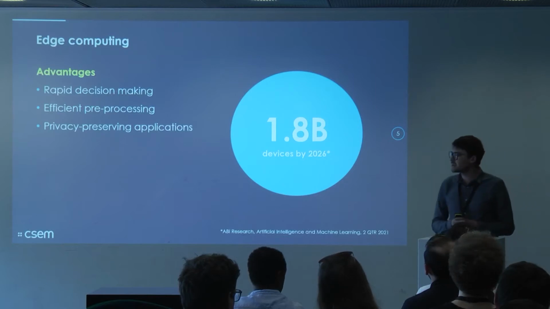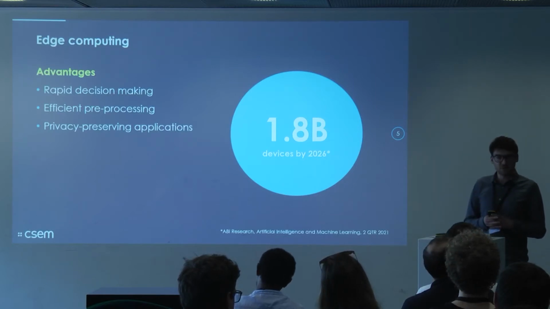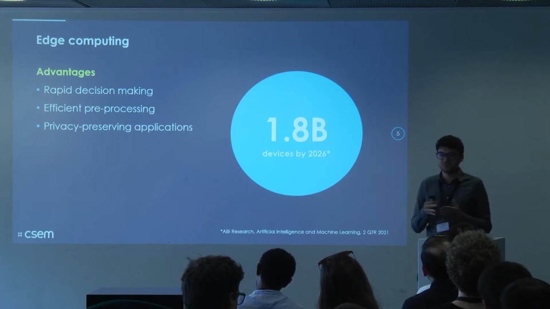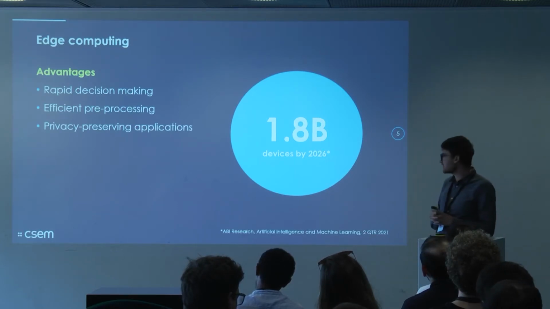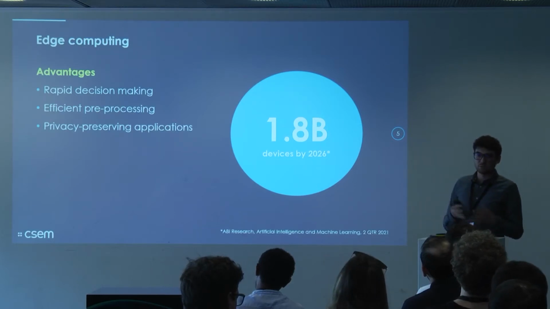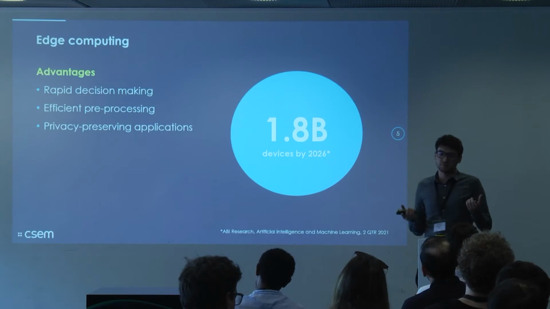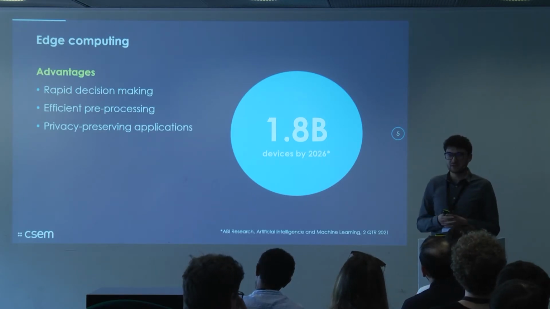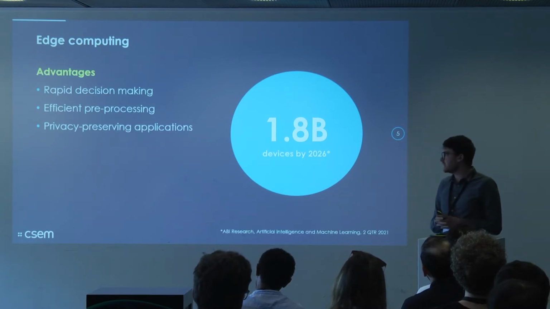Efficient preprocessing is also provided by edge computing, because you can process the data before sending it to the cloud, so you distribute the processing across the devices. And finally, privacy-preserving applications. You can first transform the data before sending it to the cloud, or you can just perform everything on device, and you don't need any connection. So the data does not leave the device.